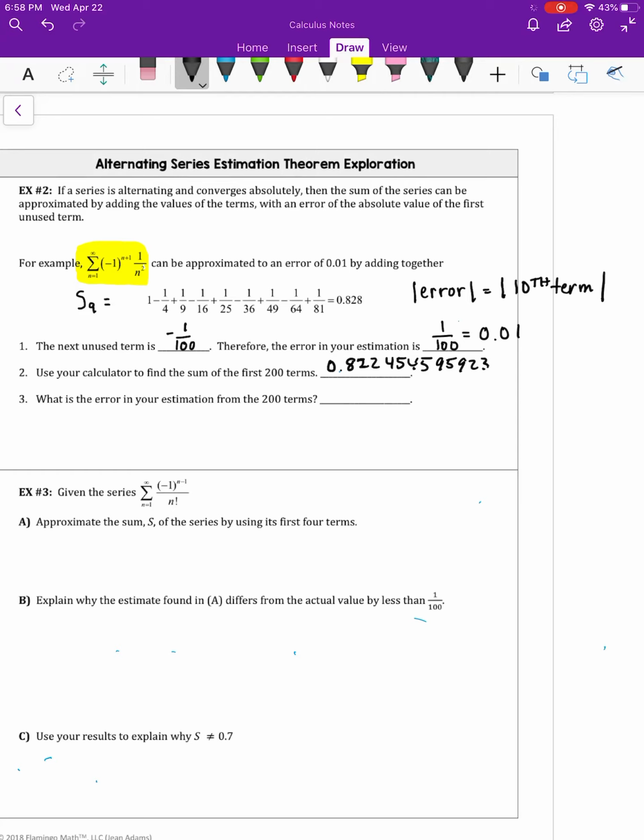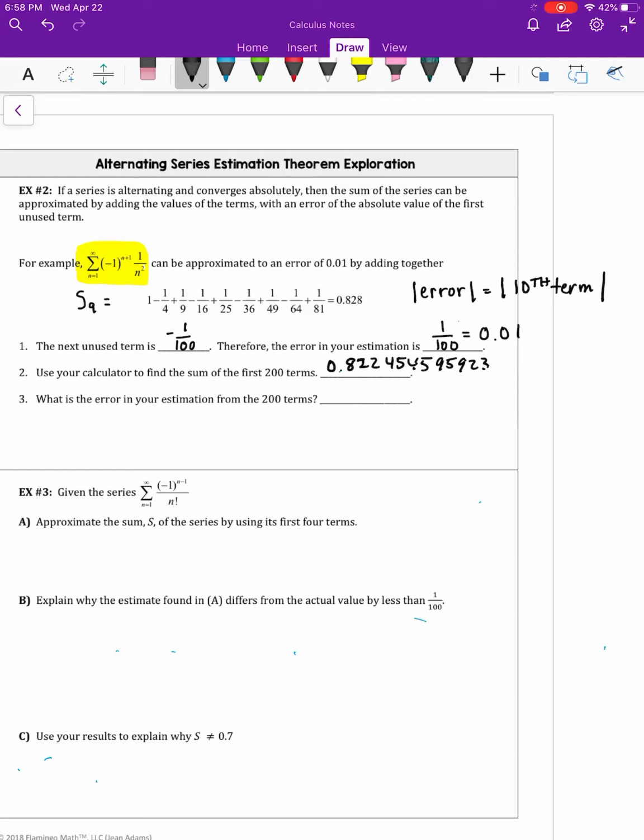So I'm going to go back to my notes, because I got my calculator value here now, 0.8224545959923.